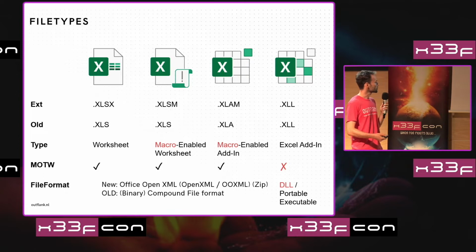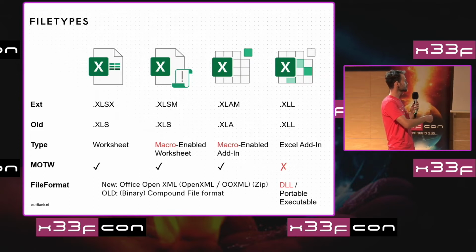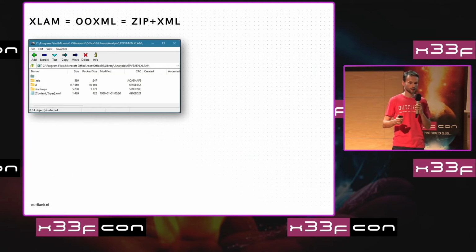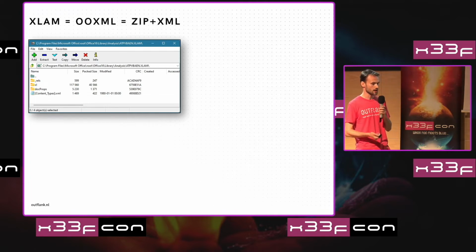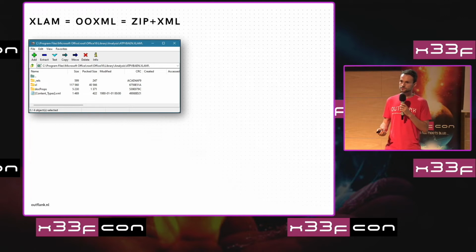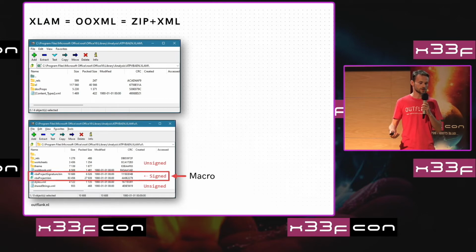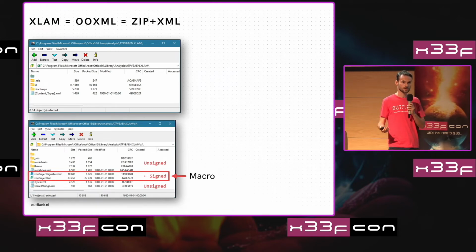Let's quickly look into the file format of the left three files, the Office Open XML file format. That is basically a zip. So you can unzip it using just your default zip tool or 7-zip. And it contains all kinds of XML files. While browsing through it, you'll see a couple of files, such as the VBA project.bin file and possibly, if it's signed, a signature.bin file.